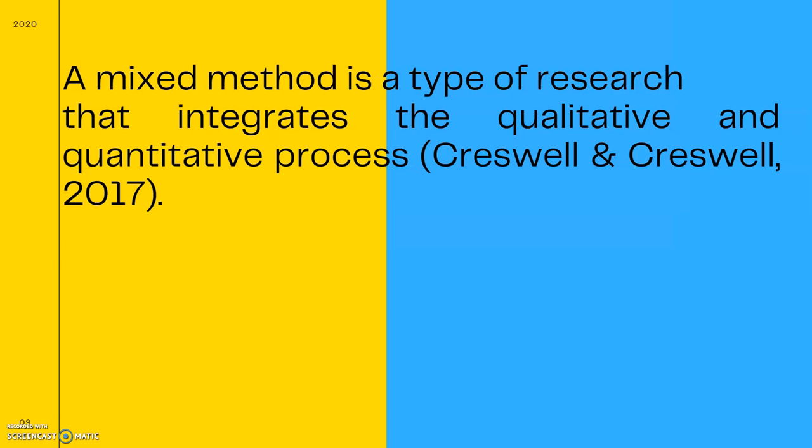In other cases, they have already started with a qualitative research design, but the data still would not be enough, so the researcher needs to collect another set of data. There comes the mixed method type of research.